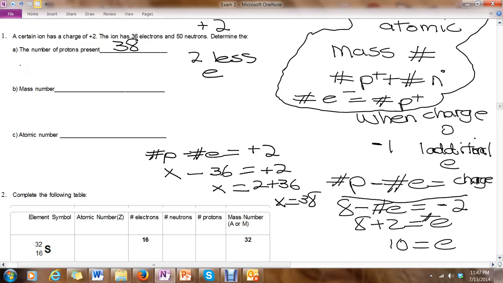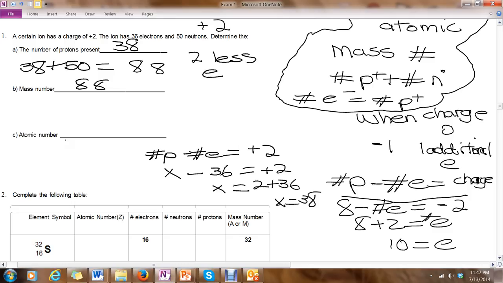Now mass number. Remember, mass number is equal to the number of protons plus neutrons. So what is the number of protons? 38. The number of neutrons is given here, 50. So it would be 38 plus 50, 88. That's the mass number.